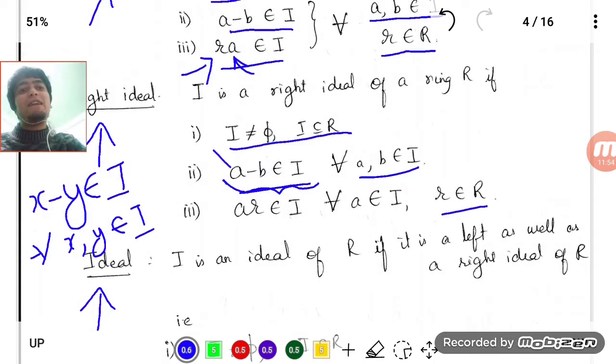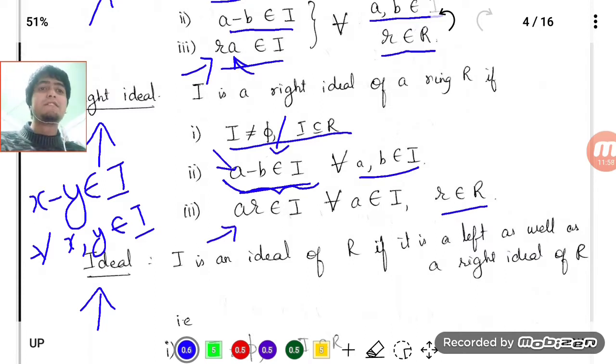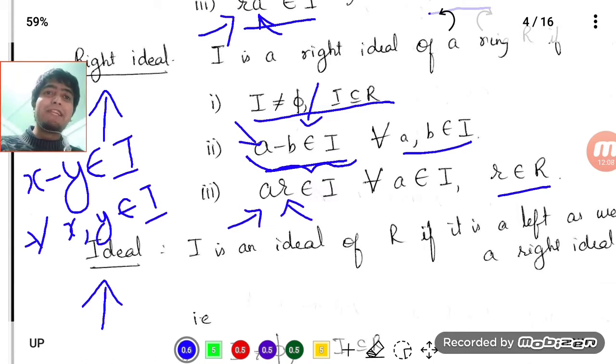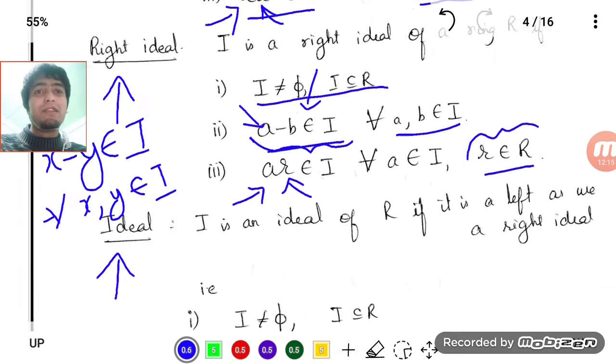So a and b are just notations for the elements. You may write it with a capital letter or with x1, x2. Similarly for r, you can use s or x. It doesn't really matter, but the condition that r belongs to R is important.